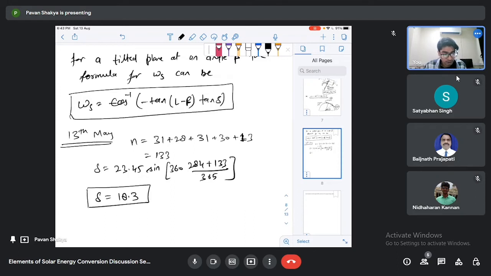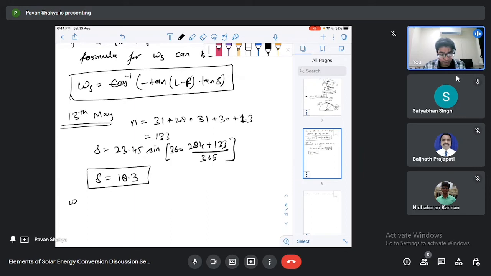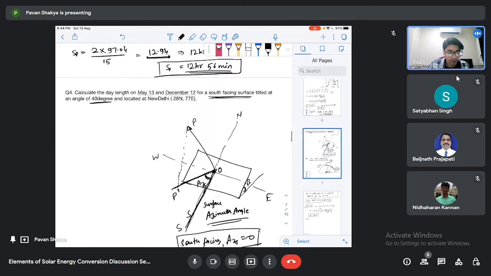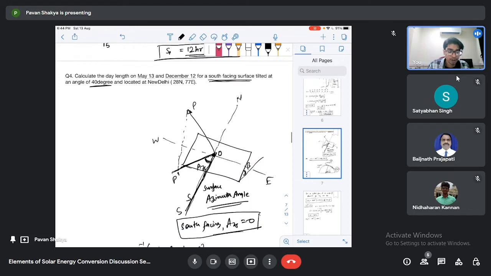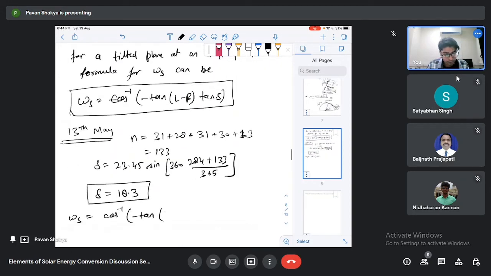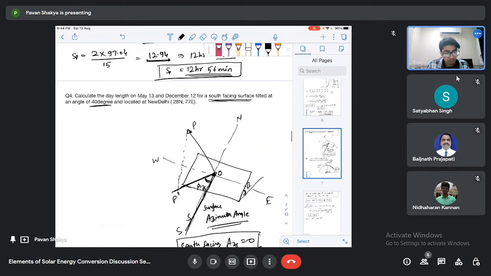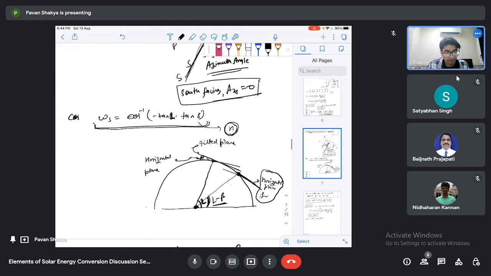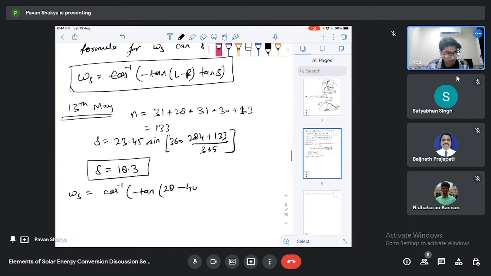If you get this 18.3, then you can easily calculate omega s, that will be the cos inverse of minus tan L, that is latitude, for the location of New Delhi, which is given as 28. So 28 minus beta, where beta is given as 40 degrees, then tan of the declination angle.